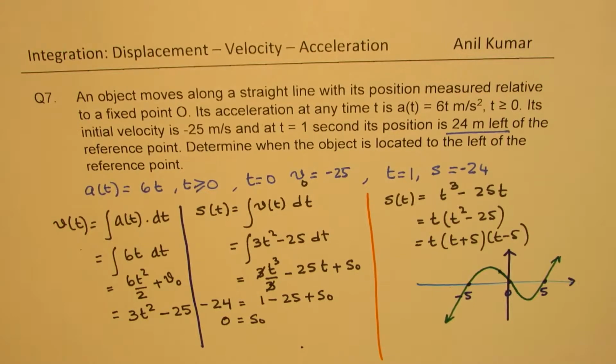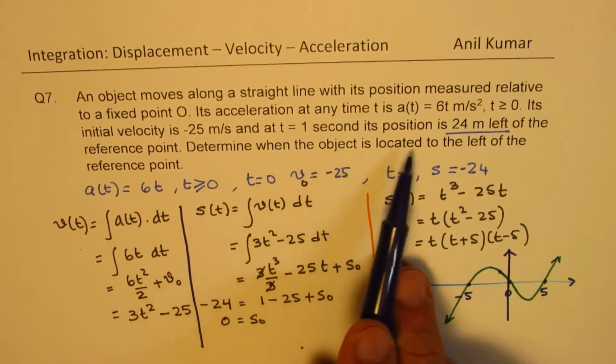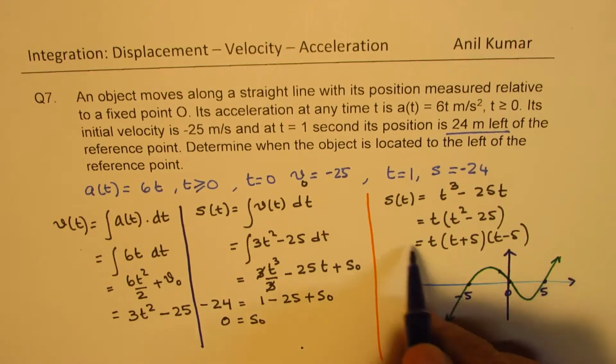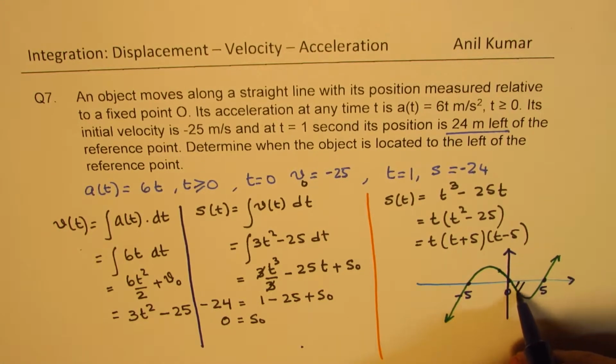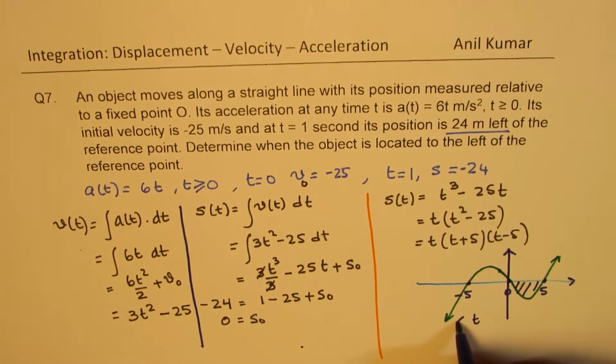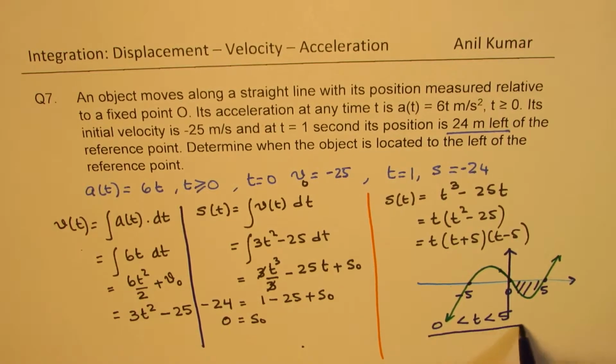So the question is, determine when the object is located to the left of the reference point. Since displacement is negative in this portion, do you see that? It is on the left of the reference point when the time is between 0 and 5, correct? So at this time it is on the left of the reference point. It does make sense to you, right?